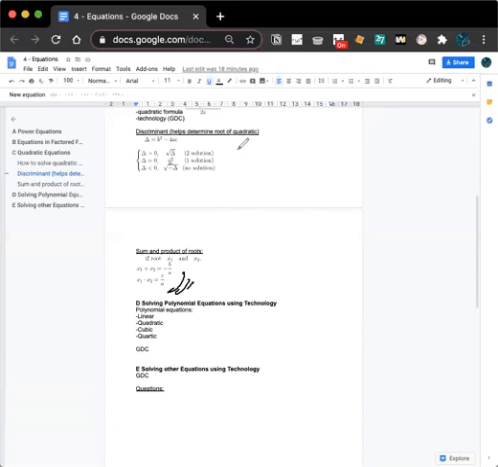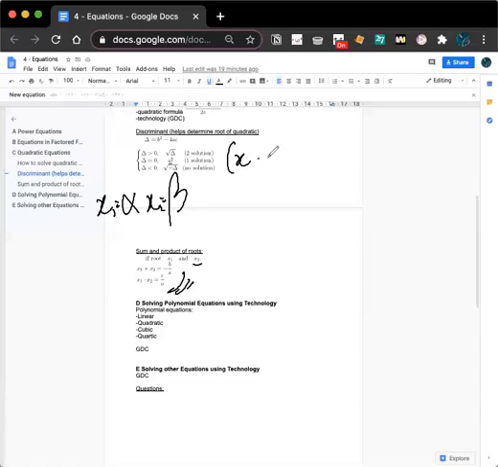So since that's the case, let's just say the first and second roots are alpha and beta. This is x1, this is x2.